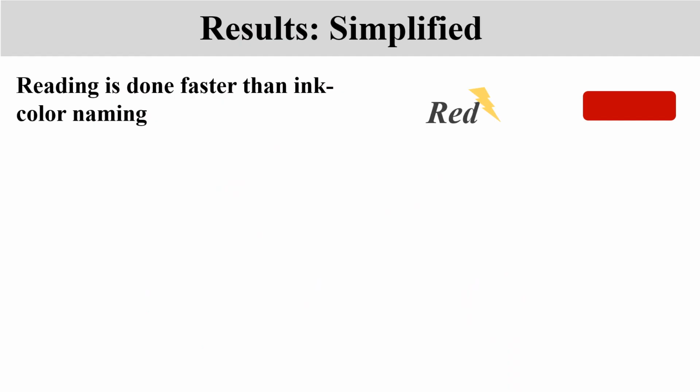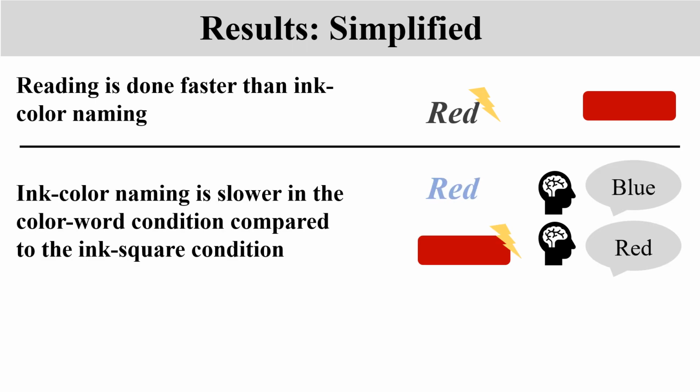So Stroop compared reading color words written in black ink to naming a color, and reading the word was faster than naming a color. That shows that reading is a more automatic process than color naming.